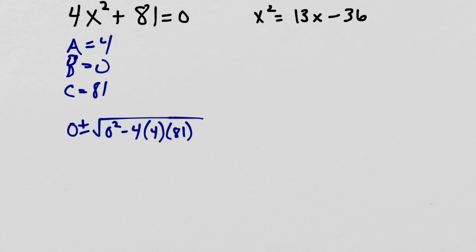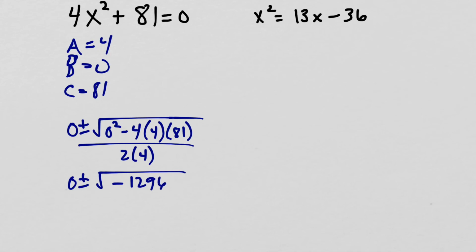And then that is divided by 2 times 4. So 0 plus or minus the square root of negative 1,296 divided by 8.